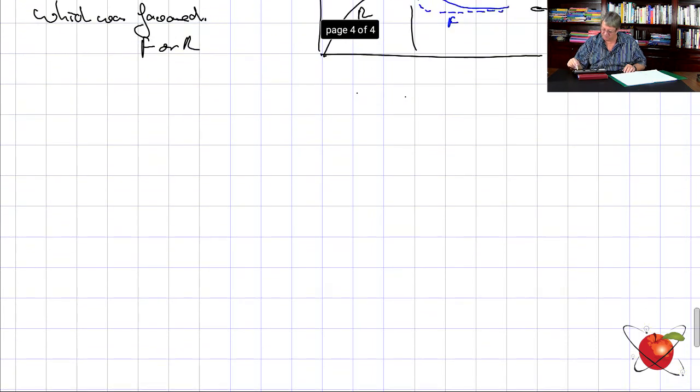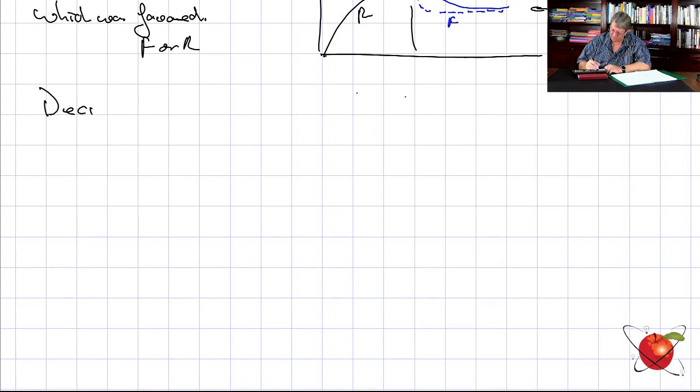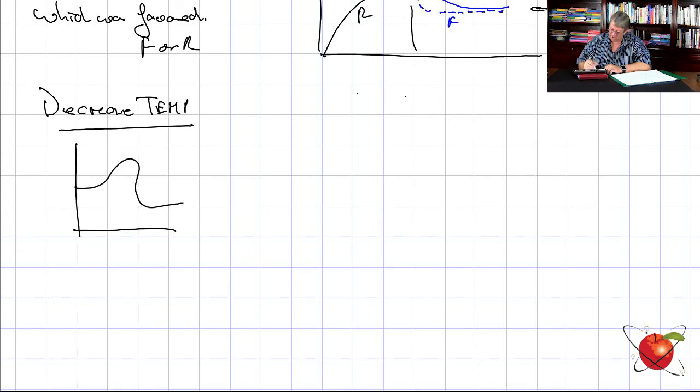Last one. Now we're going to decrease temperature. Straight away it's temp, so I draw my curve and I label it: forward is exo, reverse is endo.